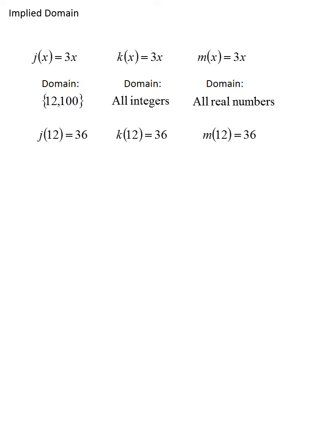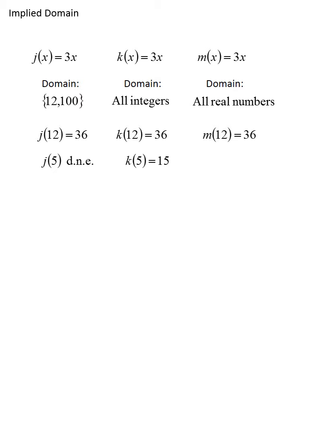If you thought 15, you're wrong, because 5 is not a possible input per j because the author of this function didn't allow it. It's undefined or does not exist, which is what the DNE stands for. Why doesn't it exist? Because the only possible inputs to j are 12 or 100. So said the author of j.